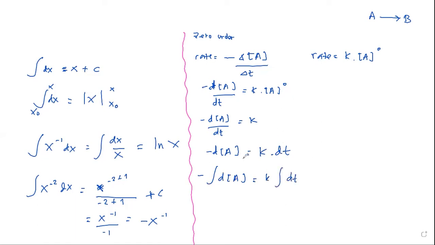Now I'd like to give the upper and lower bounds. Since this is a definite integral from the initial concentration to the concentration of A at a particular time t, the lower bound is A0 and the upper bound is A, and for t from time 0 until time t.